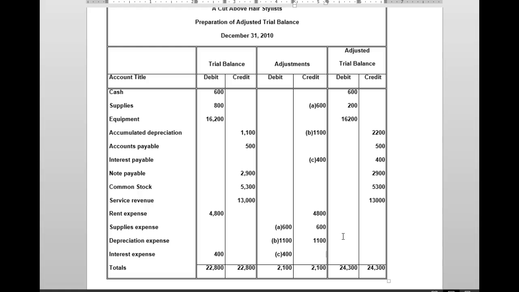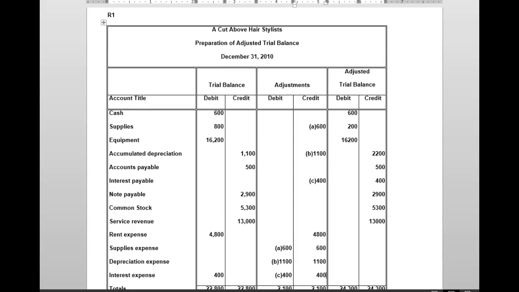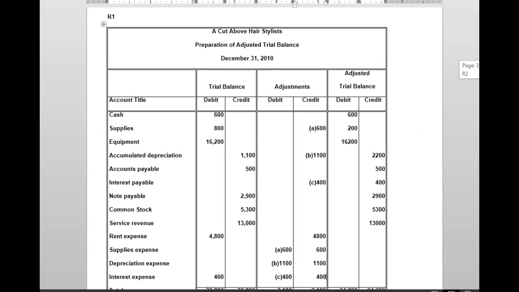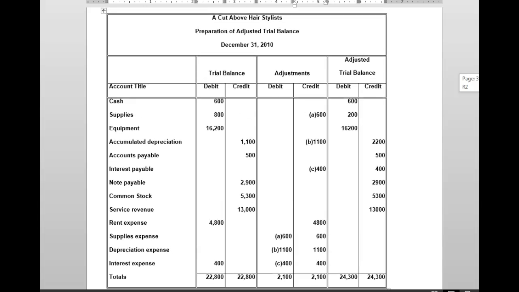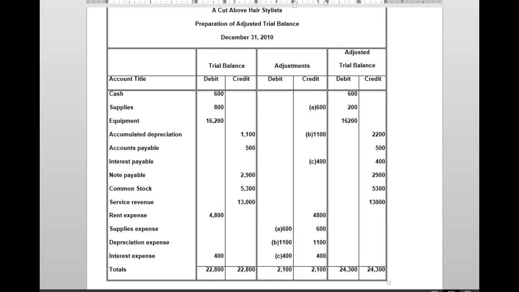And we added interest expense. Now, if I have not messed anything up, these should balance. And that's why you do trial balances, to make sure everything balances from all of the accounts. Logically this should balance. So that is a worksheet, and that's how you prepare adjustments.